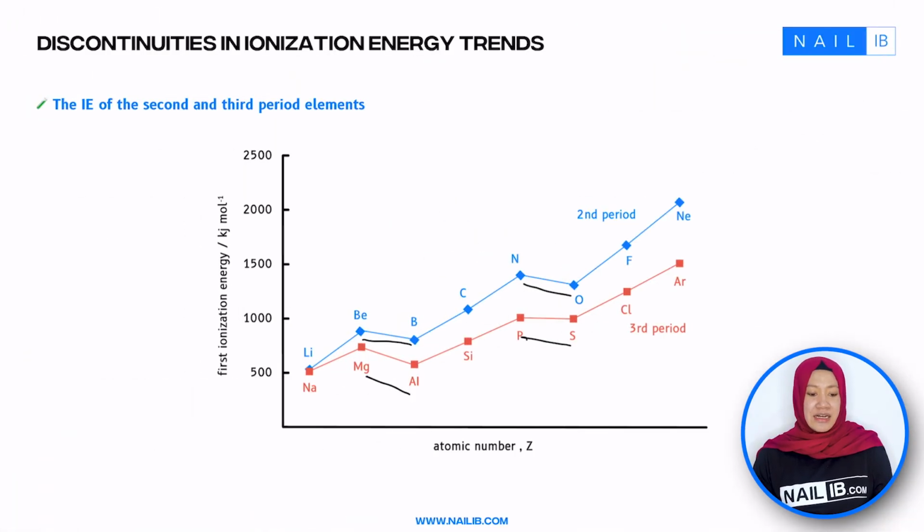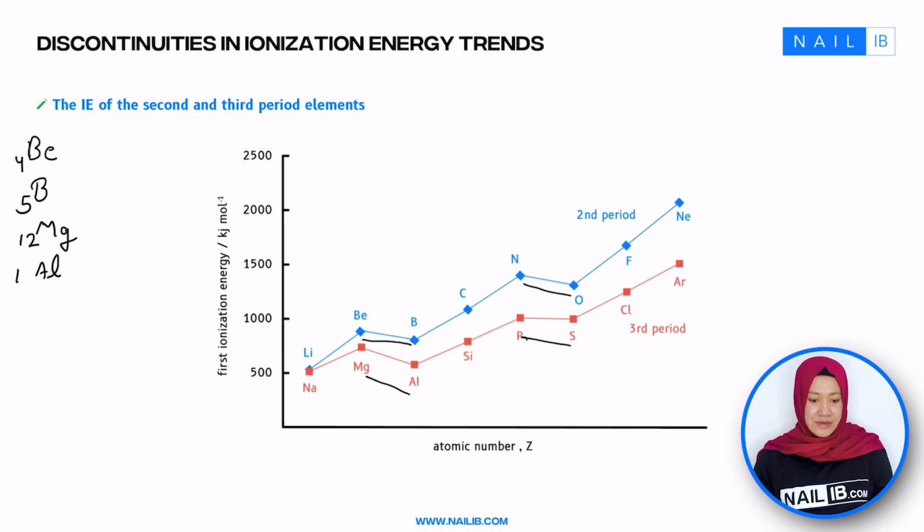So let us determine the electron configuration first. So for Be, the number of electrons is 4, B is 5, and for Mg, it's 12, Al is 13.